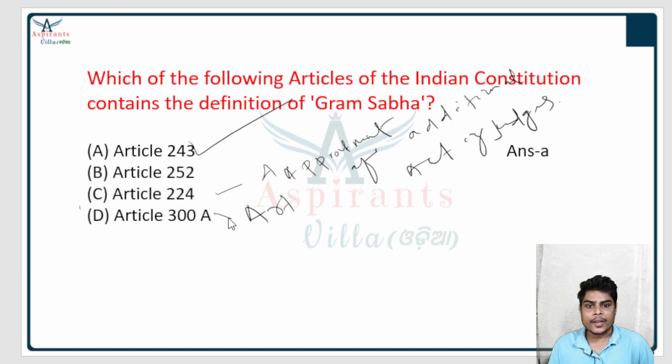And 300A deals with: a person shall not be deprived of property save by the authority of law. Deprived means deprived of property, save by the authority of the law.